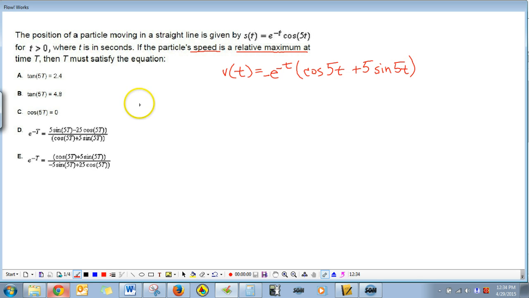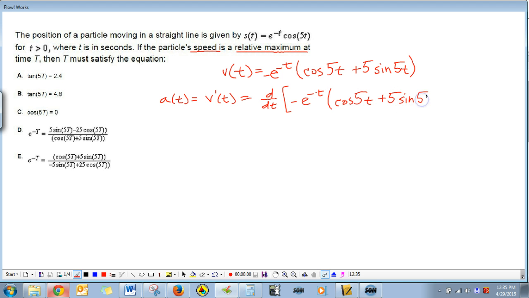If we're going to get the acceleration function, we need to take the derivative of the velocity function. So we need to take the derivative with respect to t of negative e to the negative t times cosine of 5t plus 5 sine 5t.